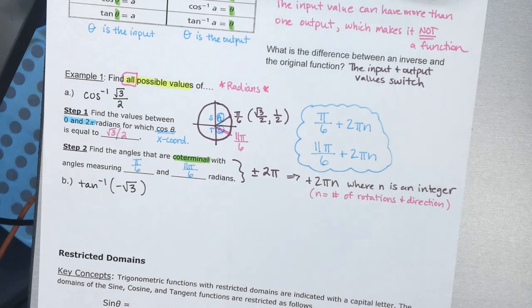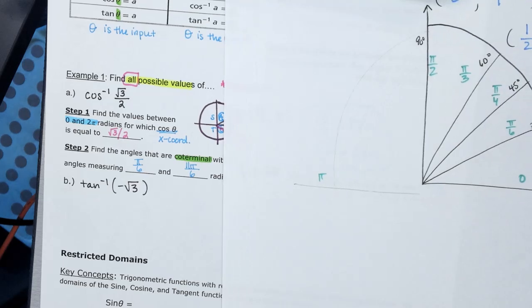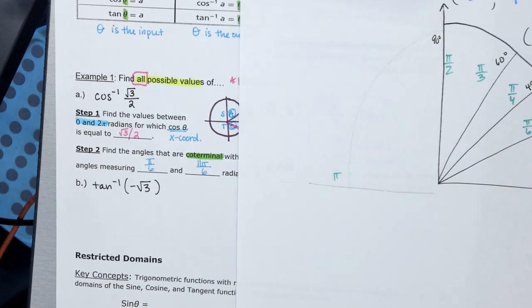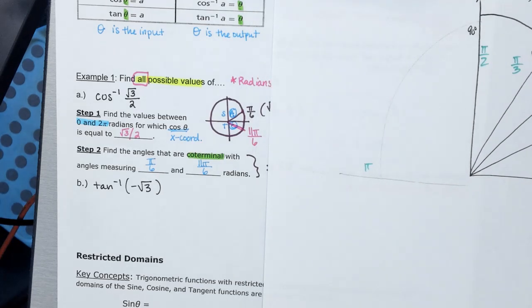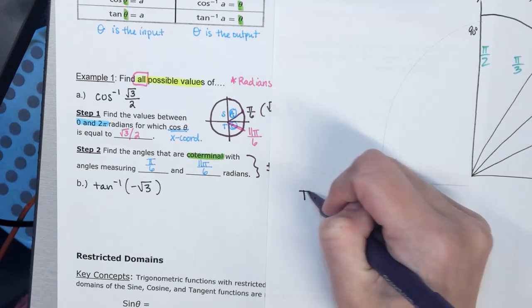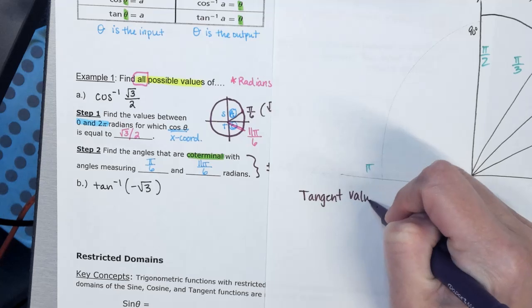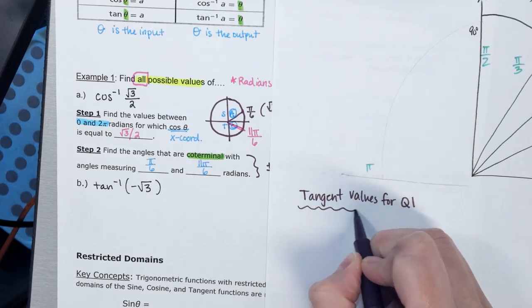Okay, so to make the tangents a little easier for you, we're going to write a few more things down on our quadrant sheet that we're using today. So we're going to calculate the tangent values for everything in quadrant 1.